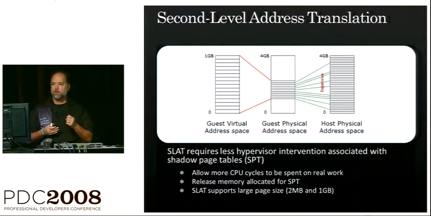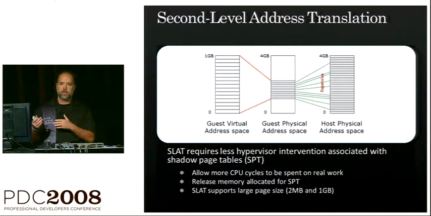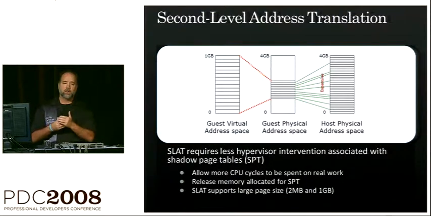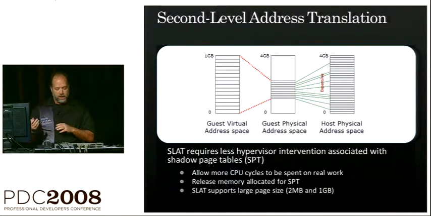The CPU overhead of virtualization is dramatically reduced by second level address translation because the amount of time that the processor itself spends doing the translation is reduced. And we don't take as many page faults in the hypervisor.